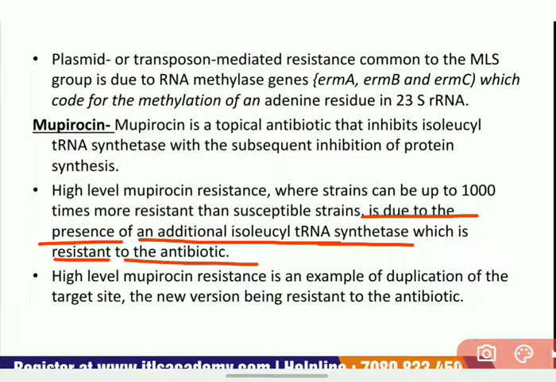Here resistance is plasmid encoded, but the resistance gene differs significantly from the normal susceptible version.